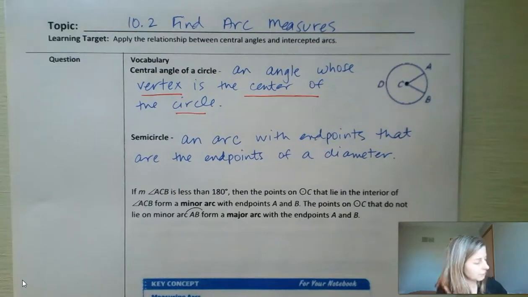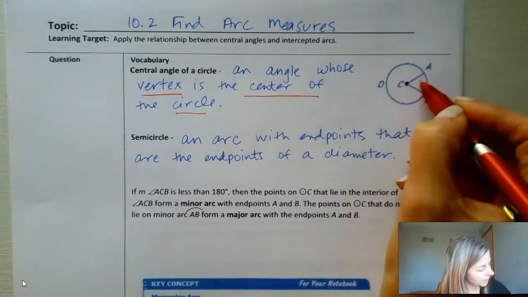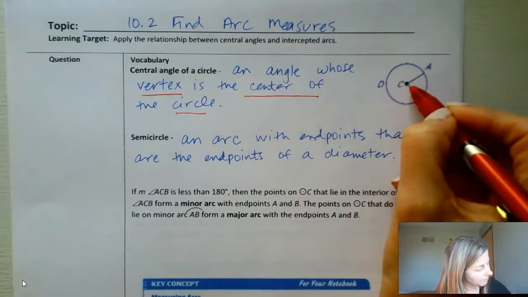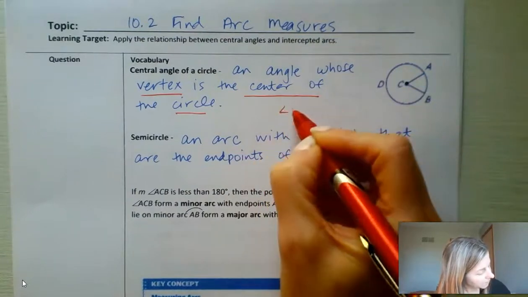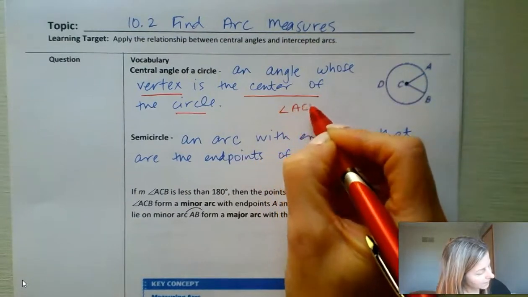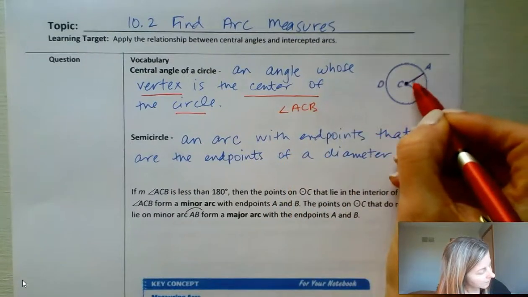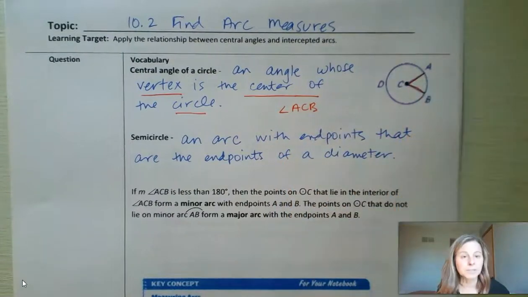So in this picture over here, the central angle would be angle ACB. Angle C is the center of the circle, and it's the vertex of that angle. So that is a central angle.